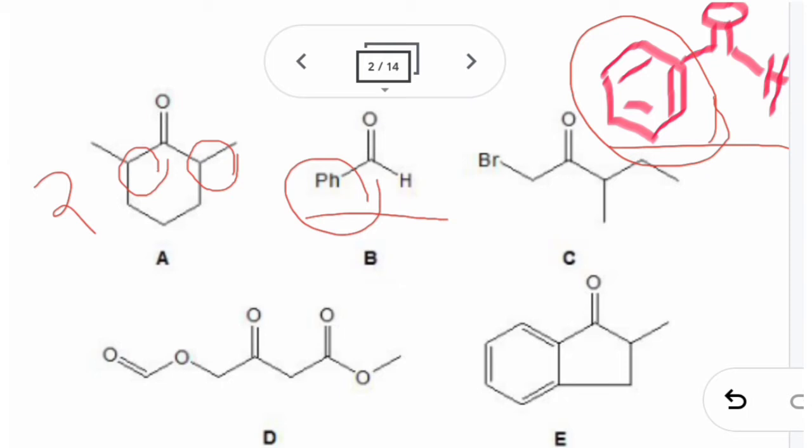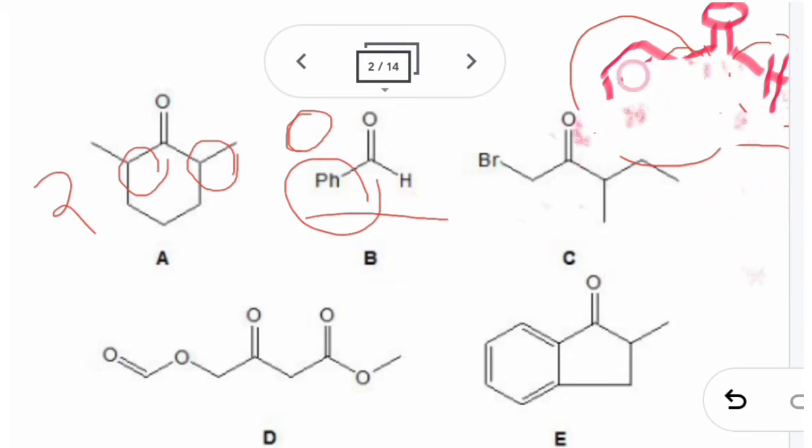We have the alpha carbon here, but this alpha carbon does not have any hydrogen atom. The hydrogen you see here is not an alpha hydrogen. So the number of acidic hydrogen atoms for molecule B is 0.